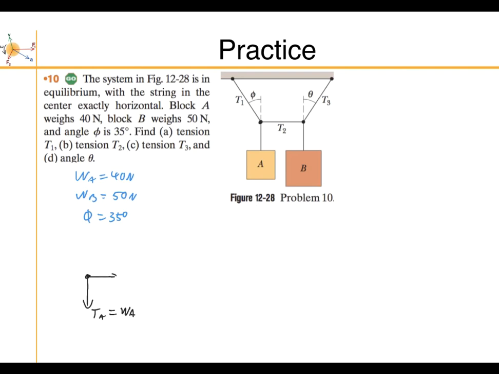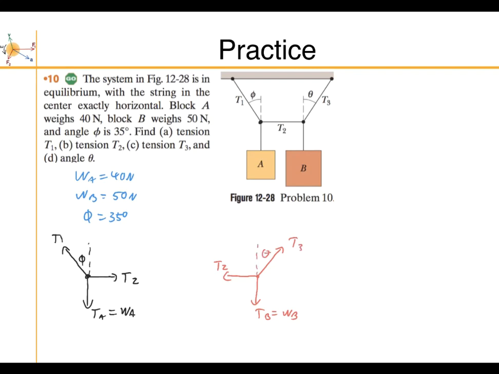There's going to be a tension 2 here, and then there's going to be this tension 1 here with this known angle phi. And above the other block, there's going to be a tension B downwards, which is going to be equal to the weight of B. There's going to be tension 2, it's the same string attached to A, and then there's going to be tension 3, right?